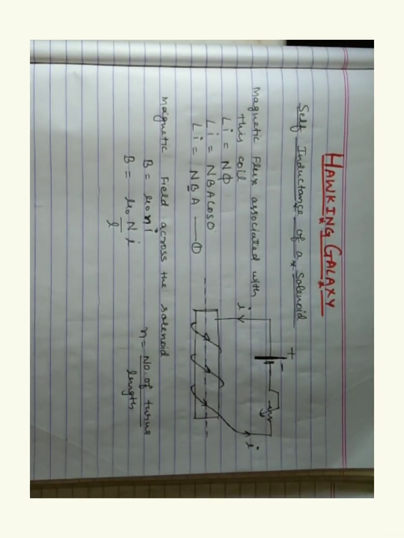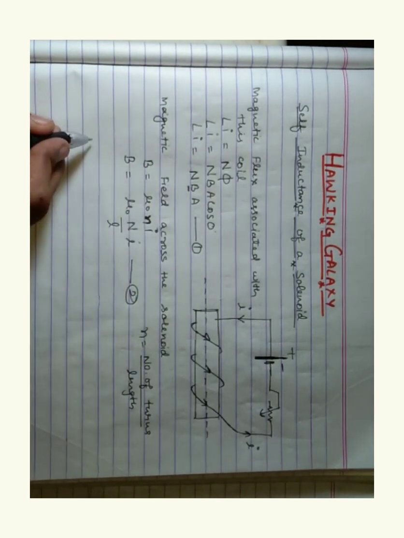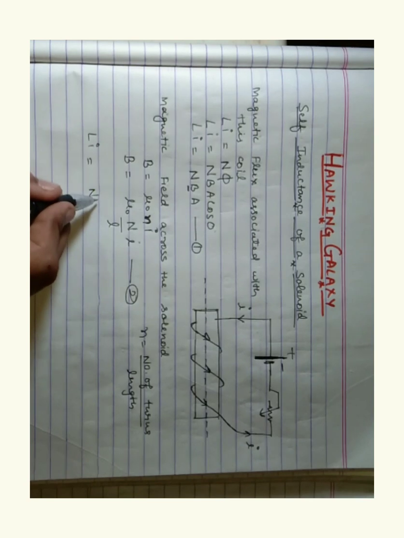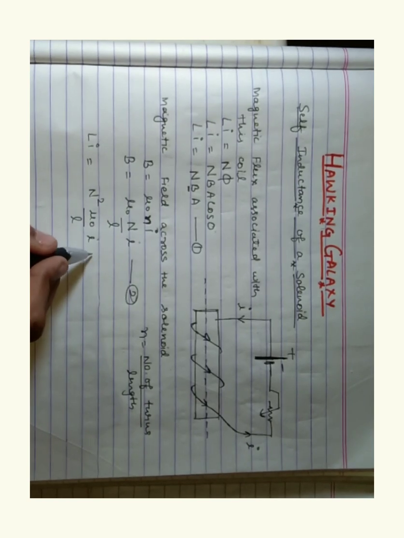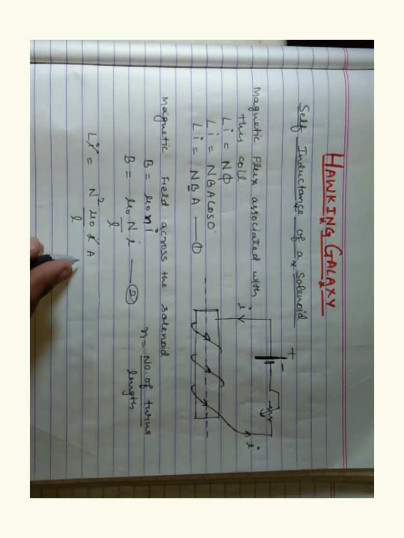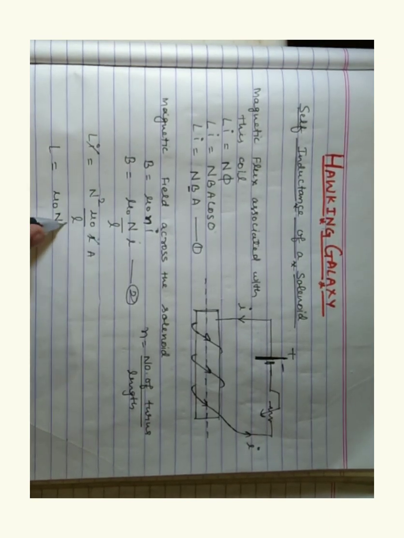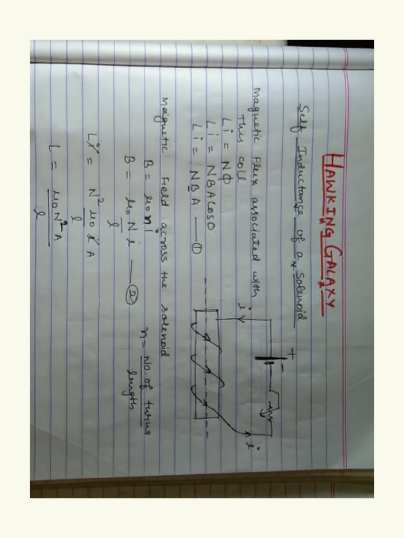Now put this magnetic field into the first equation. LI becomes N square mu 0 I A upon l. Let's cancel the I, then L is mu 0 N square A upon l.